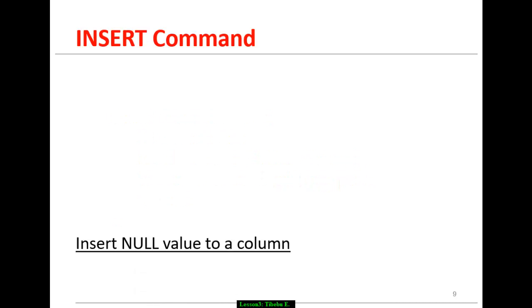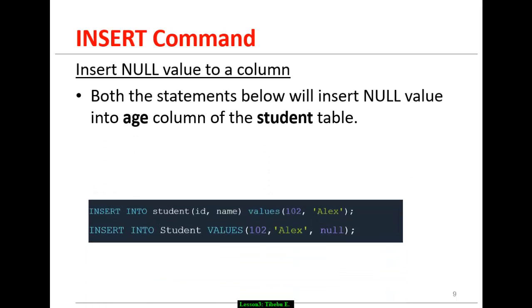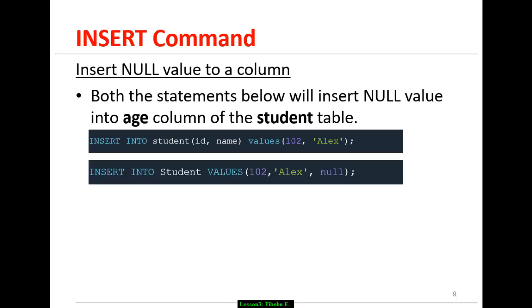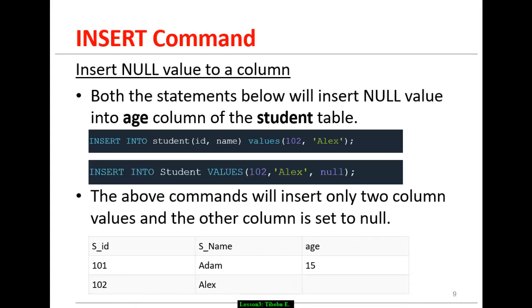Now let us see how we can insert null value to a column that can accept null value. Both the statements shown below will insert null value into the age column of the student table. As you can see in the resulting table below, the above statements insert only two column values and the other column is set to null.